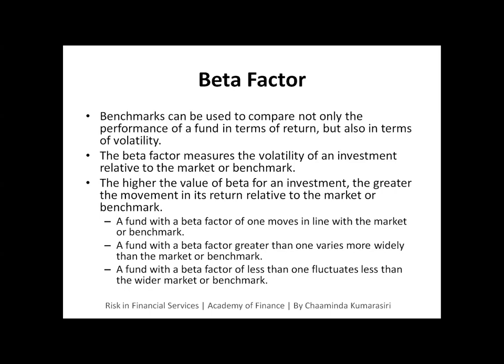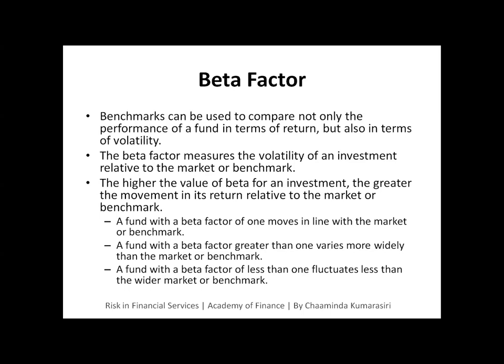Let's say if the market return increases by 10% for whatever reason, and the beta is also 1, the security will also increase by the same amount. So the volatility movement will be the same for the security if the beta factor is 1.